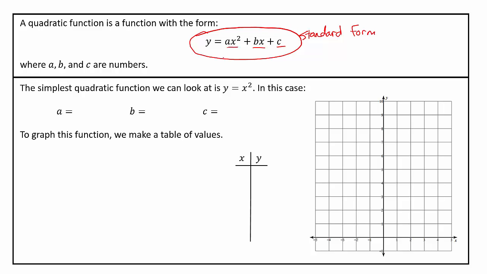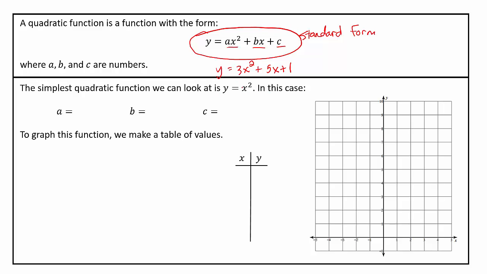Now, if I wanted to understand what this would look like, we could just plug in some random numbers. Maybe this is the kind of function that we want to graph, and so a would be 3, b would be 5, and c would be 1. Well, before we get too carried away, let's start with a really simple quadratic function. It's actually the simplest one we can look at, which is y equals x squared.